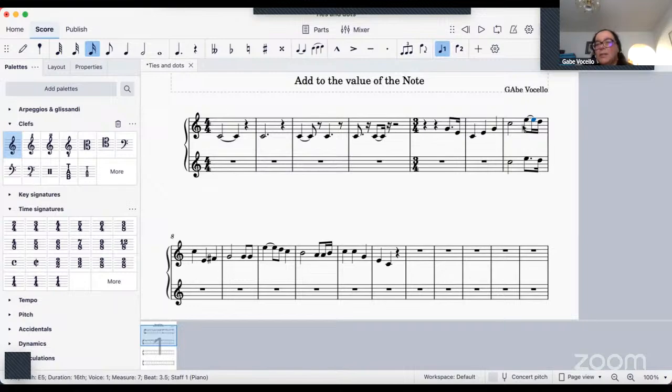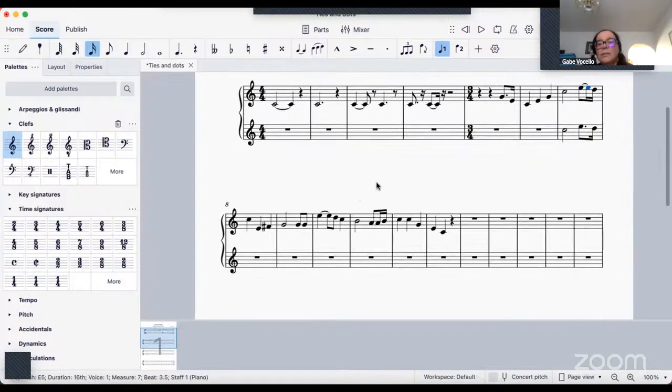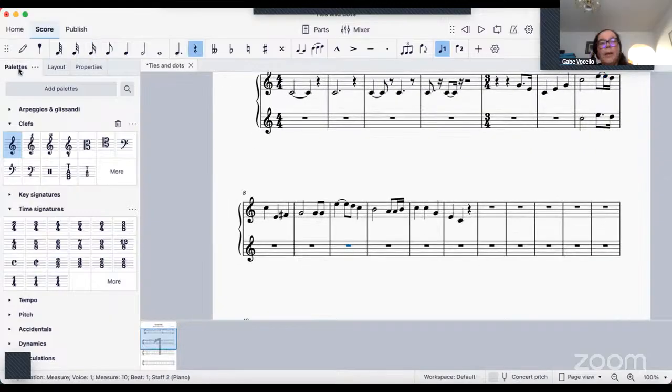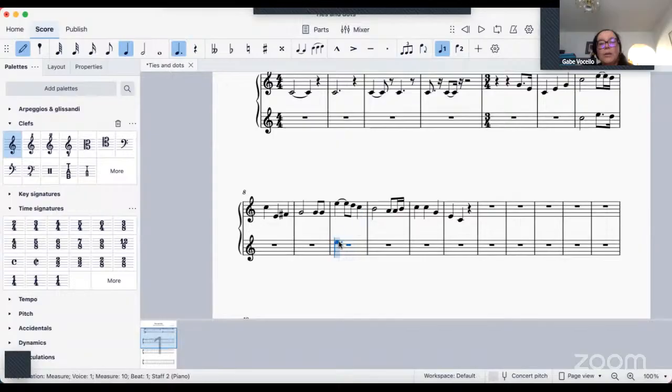In this case, here is a dotted eighth note. That part here, I have a quarter note tied. So this is the same as a dotted quarter note, a quarter note tied with the eighth note.